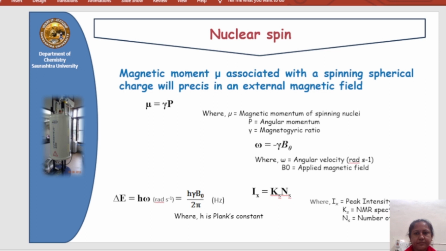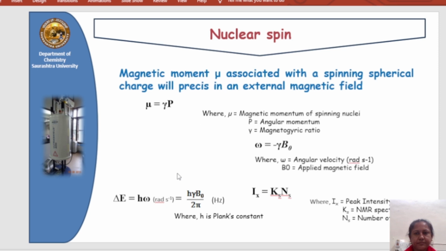In the next slide we see how the magnetic moment mu associated with the spinning spherical charge will precess in an external magnetic field. This equation shows the relation between the gyromagnetic ratio, angular momentum and the magnetic moment. Here mu is nothing but eta into P. Mu is the magnetic moment of the spinning nucleus, which is due to the spinning charge of the spherical nucleus.